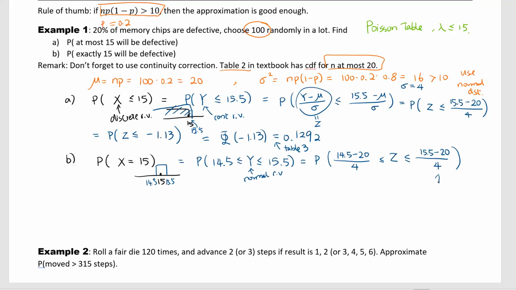Okay, this number we already know. We already calculated it in part A. So we have z less than or equal to negative 1.13. Well, good. For the other number, let's plug this in our calculator. 14.5 minus 20 over 4. The answer is negative 1.38.